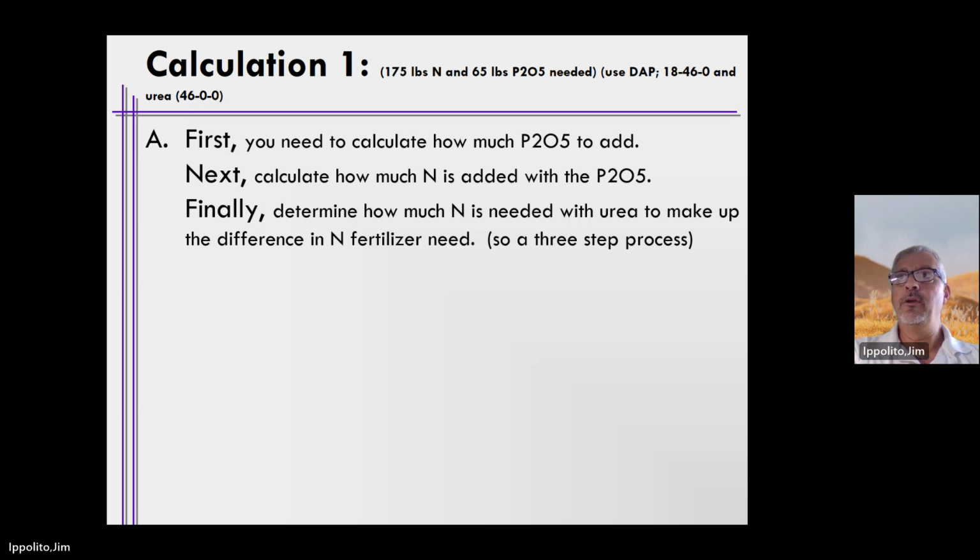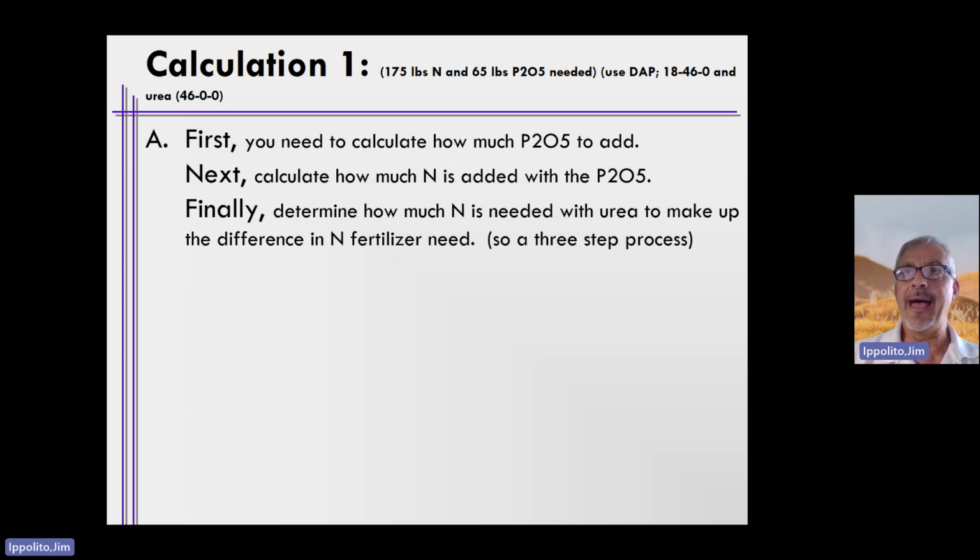First, you should calculate how much P2O5 is needed, right? Why do we do this first? We do this first because with the diammonium phosphate, if we meet the demands of phosphorus for corn, when we apply a diammonium phosphate, we also apply a nitrogen.